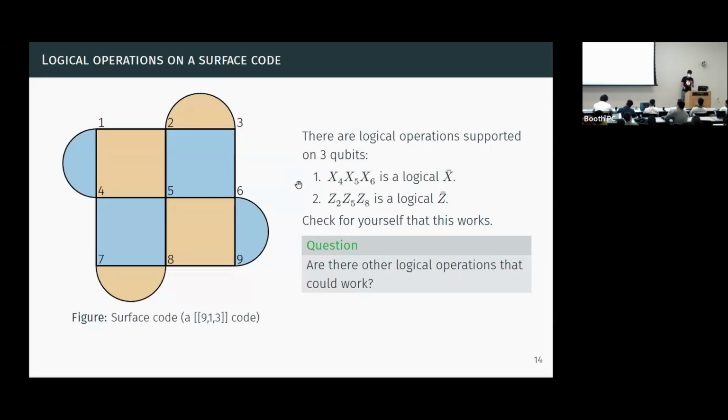So doing local operations might switch you from one code word to the other. And if it helps your own understanding, you can now write down for yourself the logical 0 state and the logical 1 state explicitly, and then apply these logical operations to them, and you will see that it will switch from logical 0 to logical 1. It should be clear if you do that exercise.